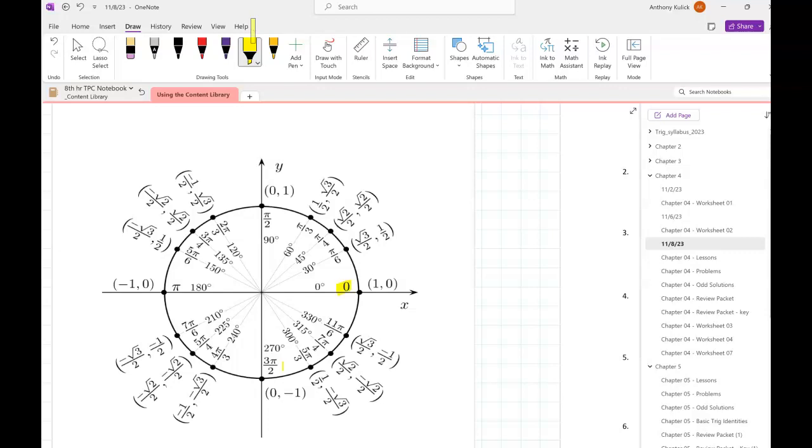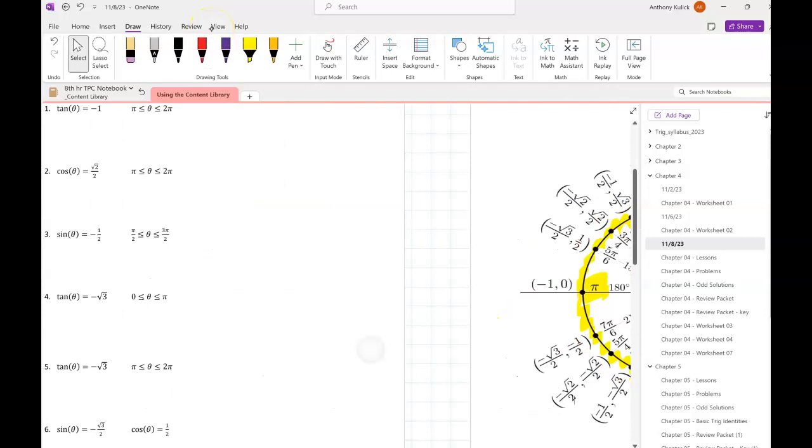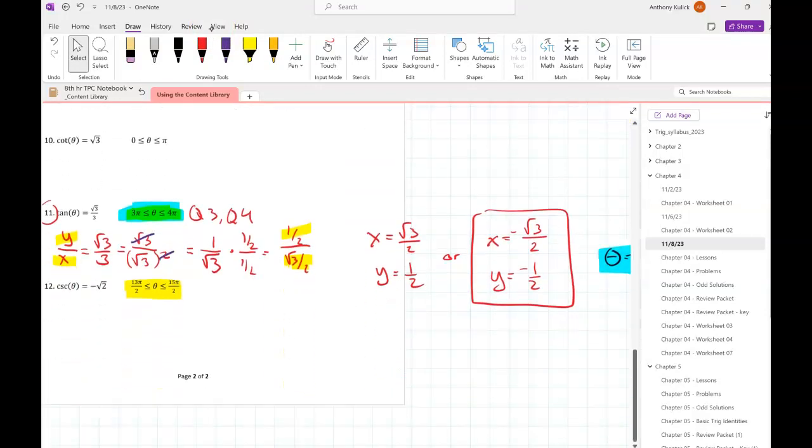So we'll start here. 0, 1/2, 2 halves, 3 halves, 4 halves, 5 halves, 6 halves, 7 halves, 8 halves, 9 halves, 10 halves, 11 halves, 12 halves, 13 halves, that's the beginning, 14 halves, 15 halves. So we're looking in quadrants 2 and 3. Feel okay? Again, all we did was count by halves there.